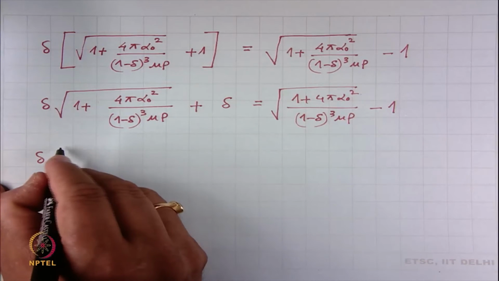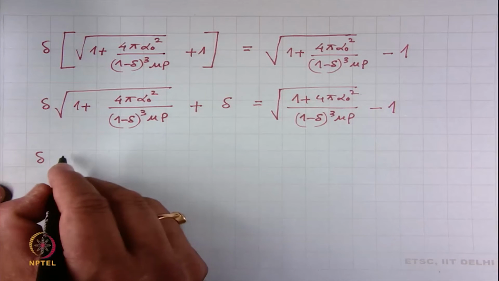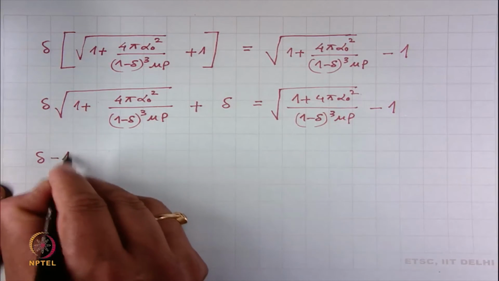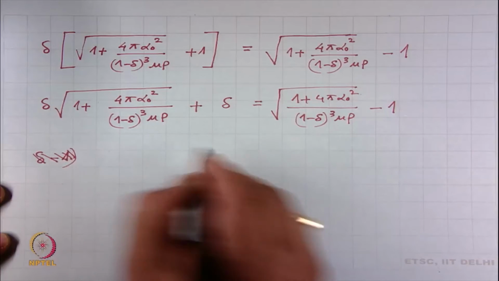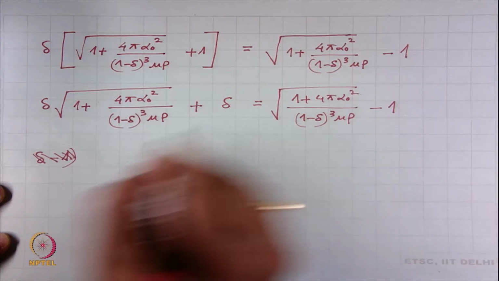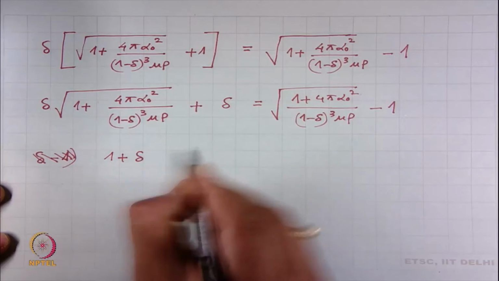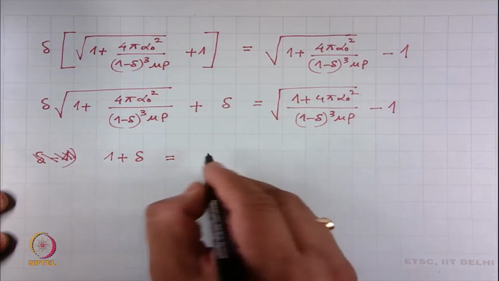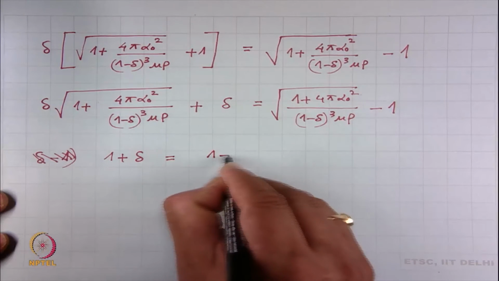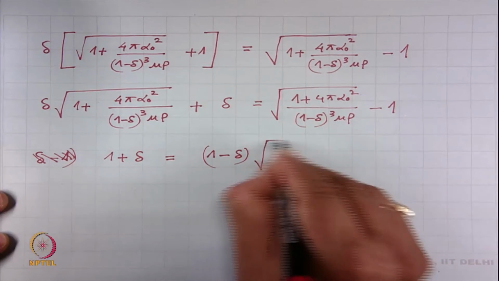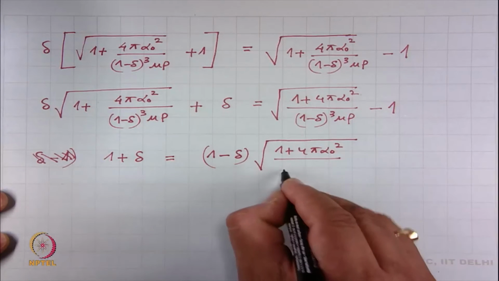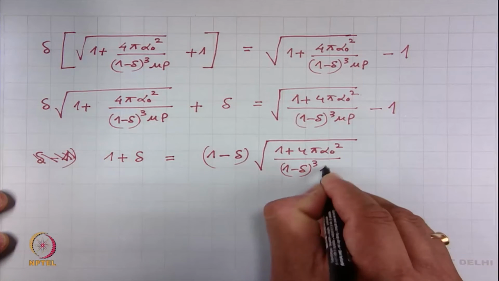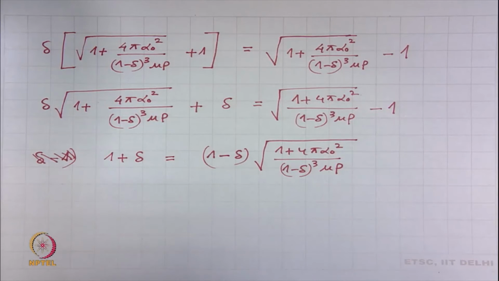this minus 1, it is not good to write in this way, it is called show 1 plus delta is equal to 1 minus delta this, right.